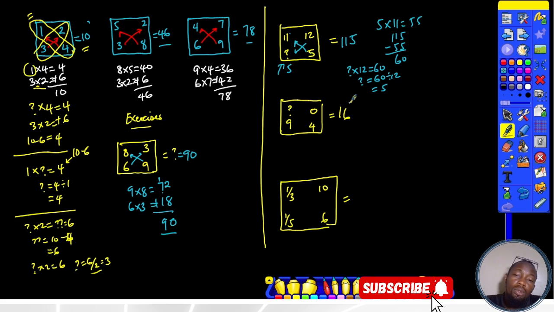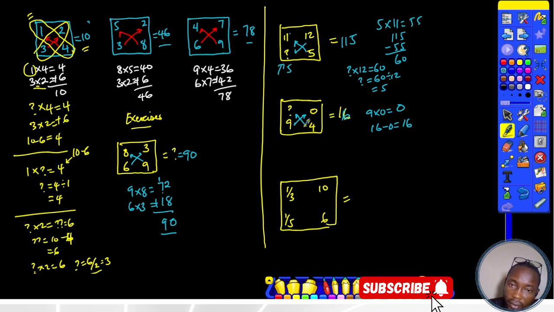The next one is 9 times 0 and 4 times a particular number, and the sum will give us 16. So all we can do here is to say 9 times 0, and you have 0. But we know that 16 minus 0 should give us what? 16.